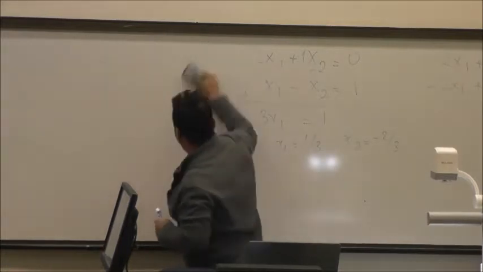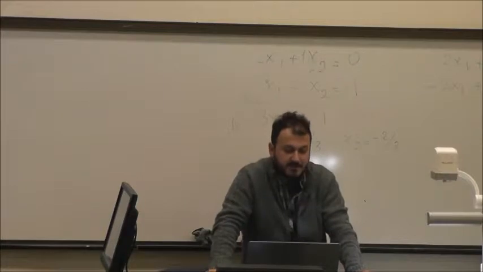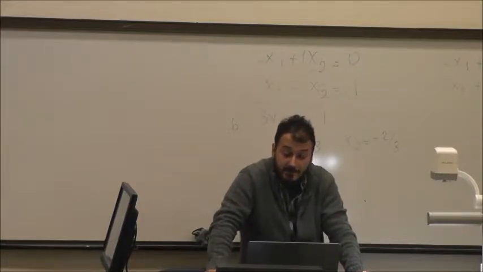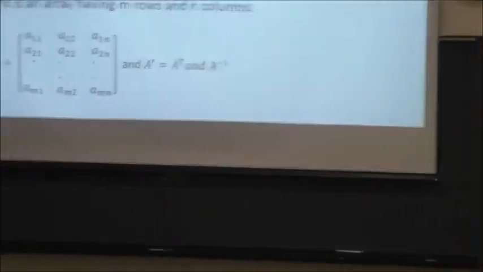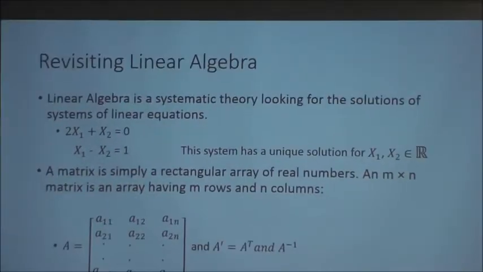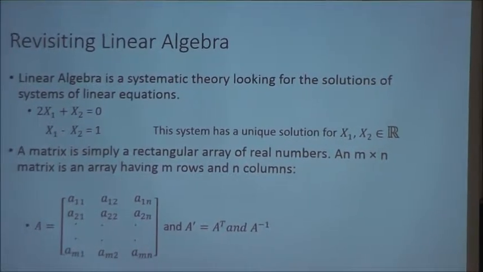What else? The next is, a matrix is simply a rectangular array of real numbers. An m by n matrix is an array having m rows and n columns.